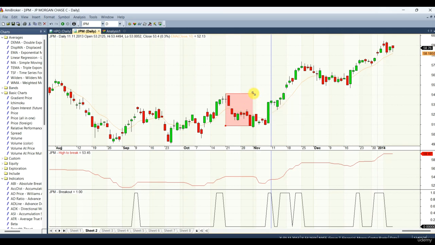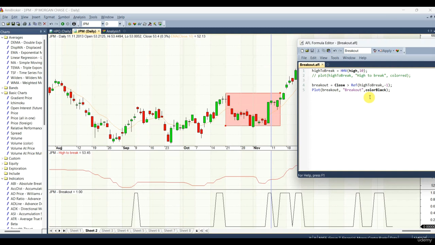So we need to extend it to 1, 2, 3, 4, 5, 6, 7, 8, 9, 10, 11, 12, 13, 14, 15, 16, 17, 18, 19. Let's try that. So what are we extending? We are extending this parameter, because it is the highest high of what range? 19 bars. Apply.